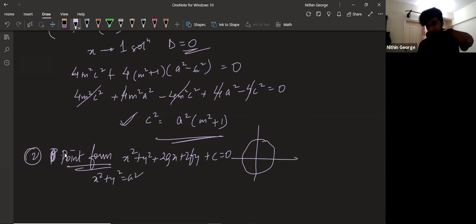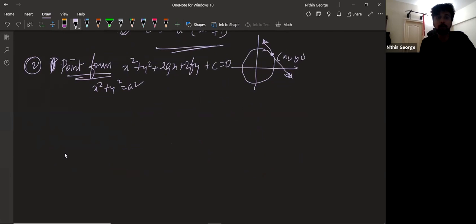For either of these, you are looking for the equation of tangent at a point x1 comma y1 which lies on the circle. So you have to make sure of that condition first. You have to make sure that the point lies on the circle.